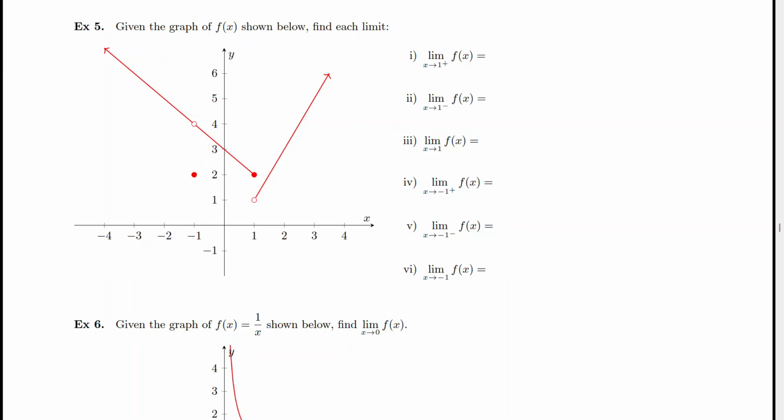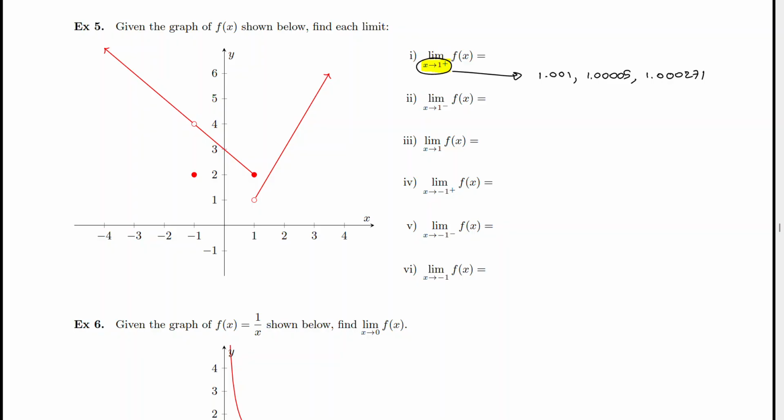Now, first, we want to know what's the limit as x approaches 1 plus. So think to yourself, what does it mean to say 1 plus? This means we want to pick numbers bigger than 1. So think like 1.001 or 1.00005 or 1.0000271, whatever. Something slightly bigger than 1.